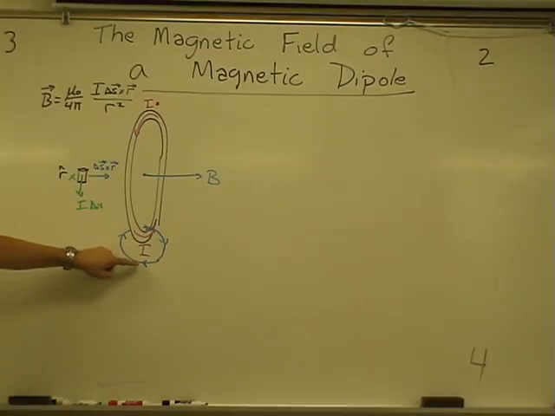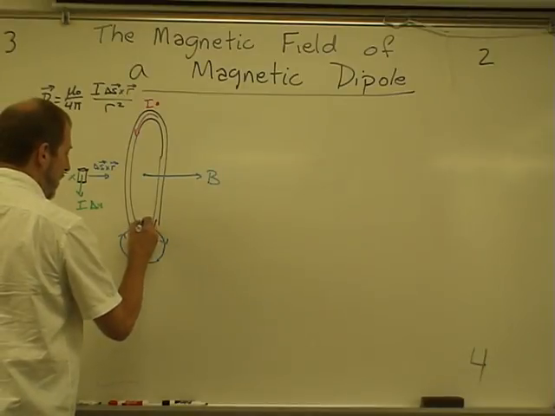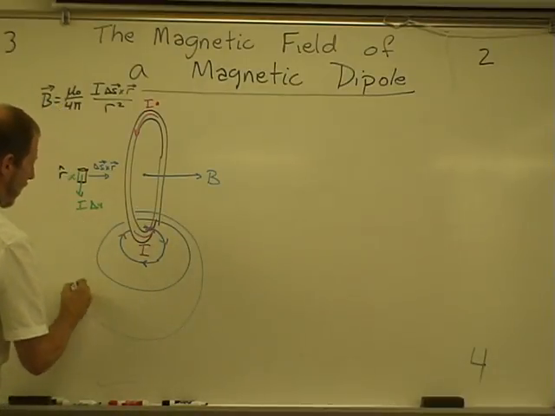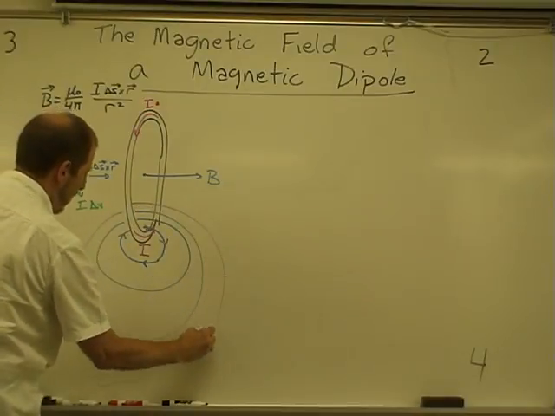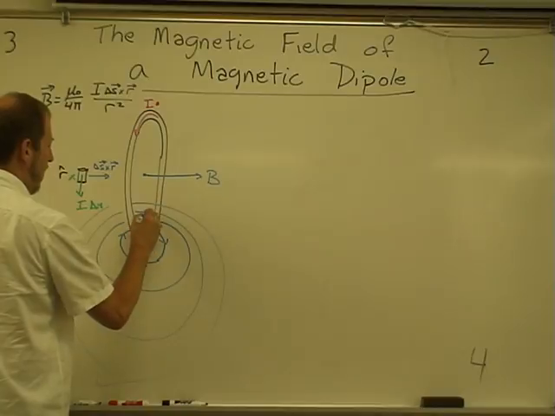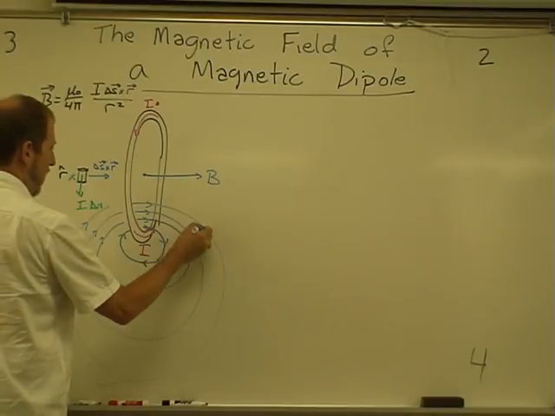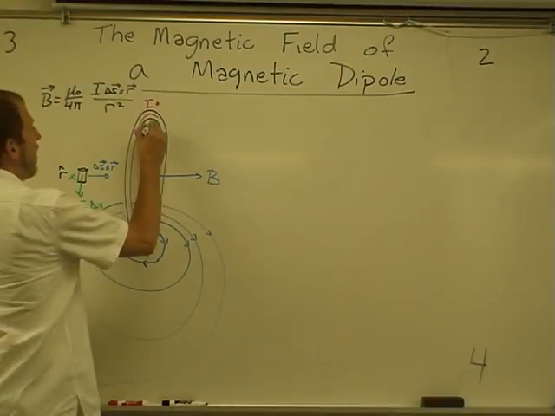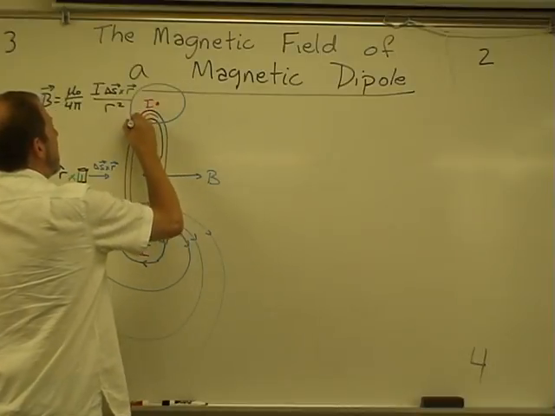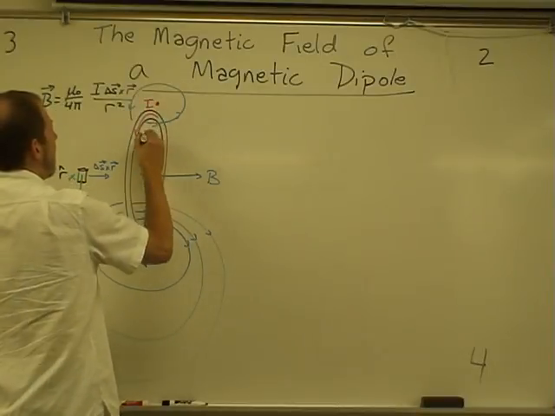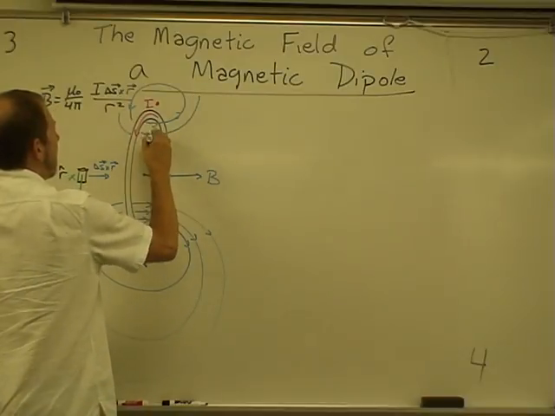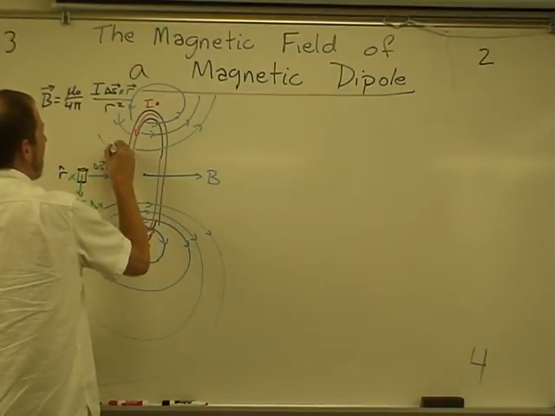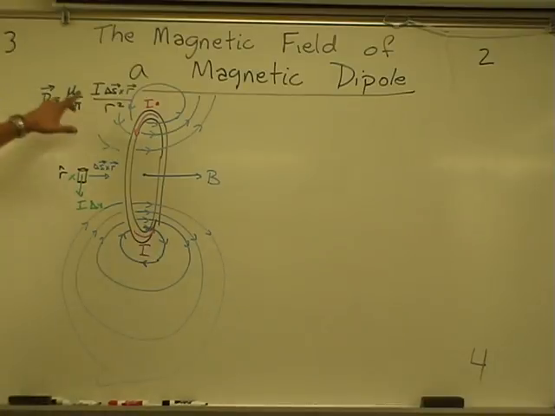To the other side of the wire, the magnetic field will be going into the board. So I get a magnetic field through this loop, like so, and it'll fill all of the space.